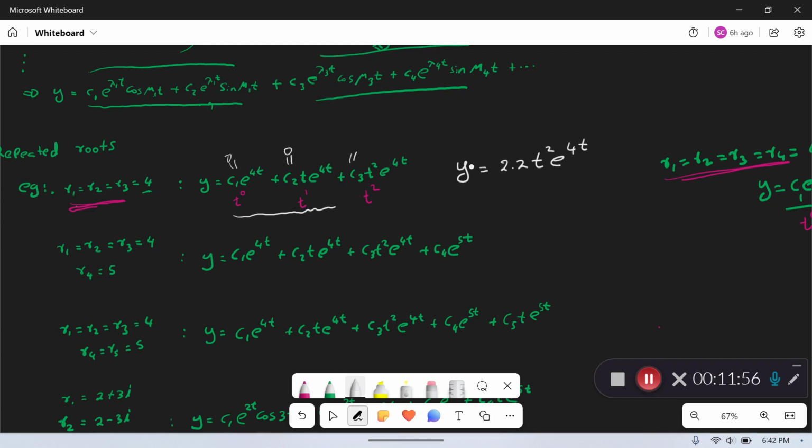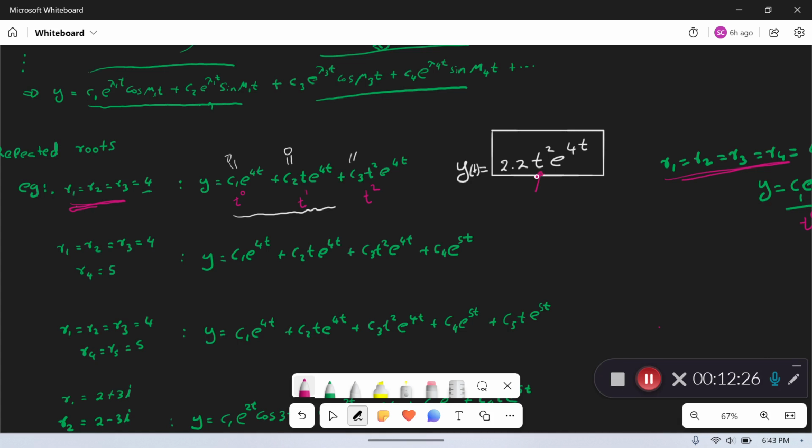Now suppose you only have this line. Let's think in the backward direction. If they just give you this term, what should be the least degree? In that case, you should first figure out that you have a t squared term. How did you get the t squared term?